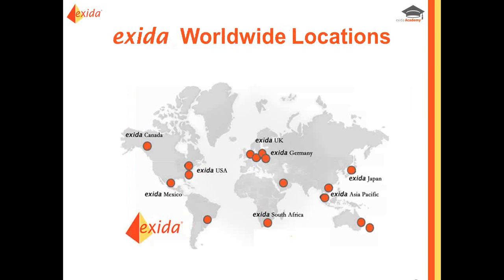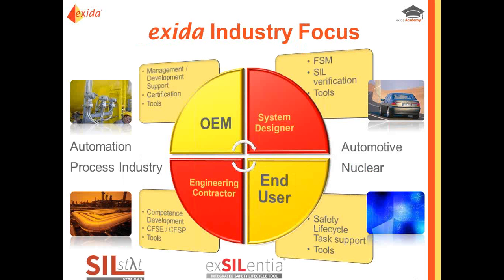We have Exida locations worldwide. I like to say no matter where you are or where your customers are, we have someone close by to get to either you or your customers for help. We are broken down into four main industrial focuses: our OEM side, our system designer side, our end user side, and our engineering contracting side.